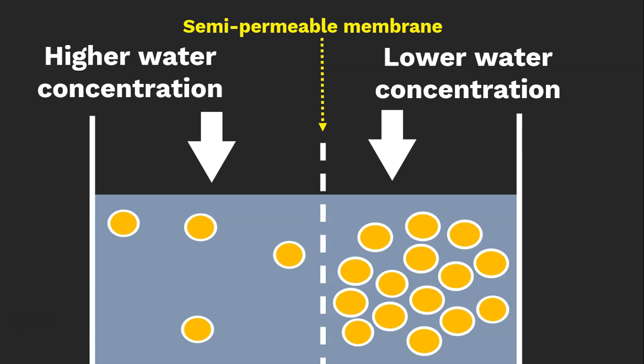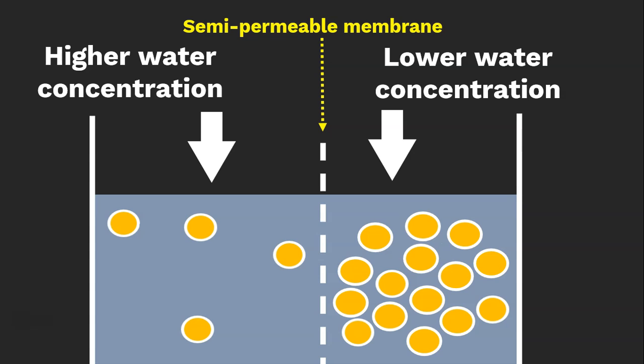So this experiment can be correlated with the cell. This is just for our understanding, but in reality, osmosis takes place in cells in the same way. The cell has a cell membrane which is selectively permeable, and it only allows a few water particles from a higher concentration to enter into the lower concentration, or vice versa.